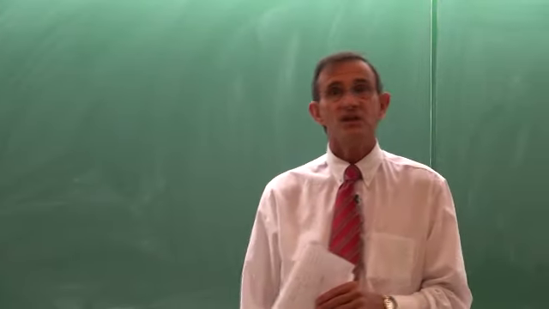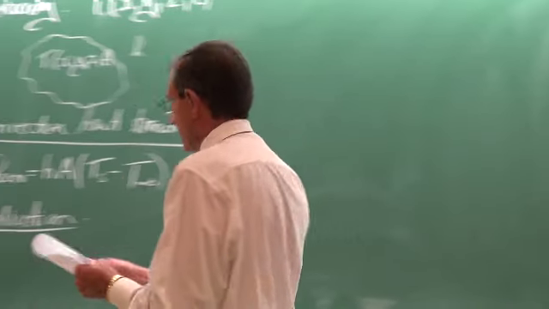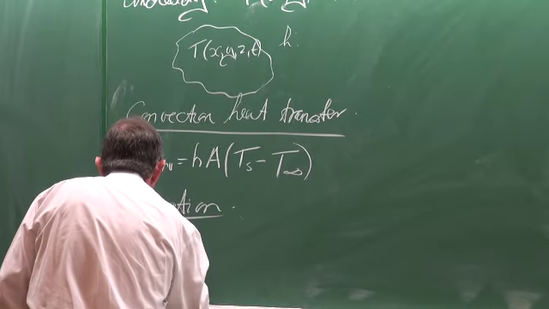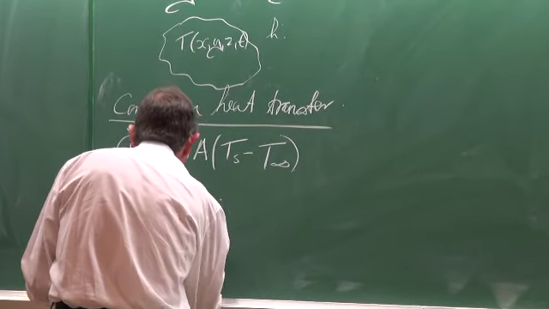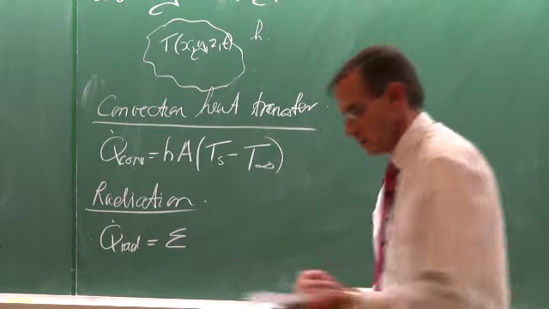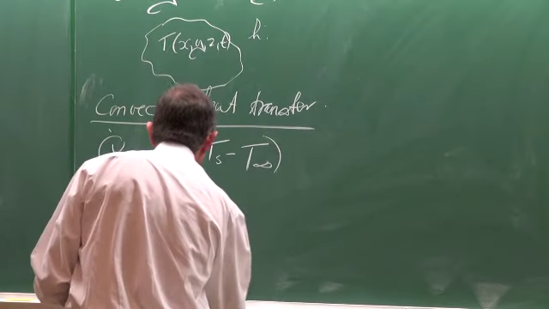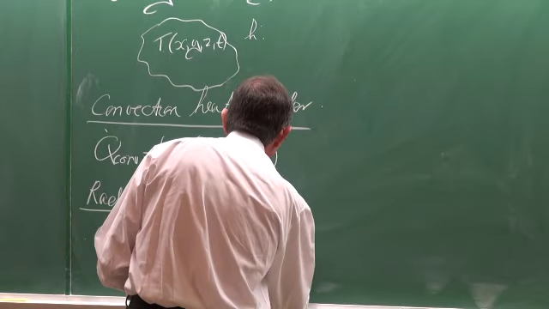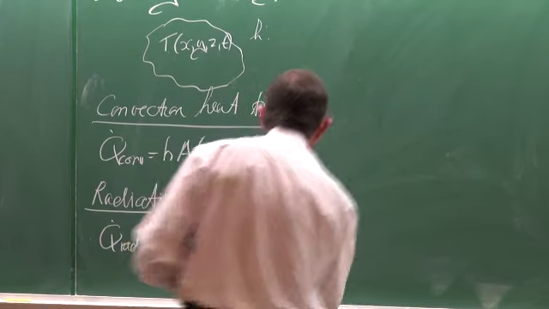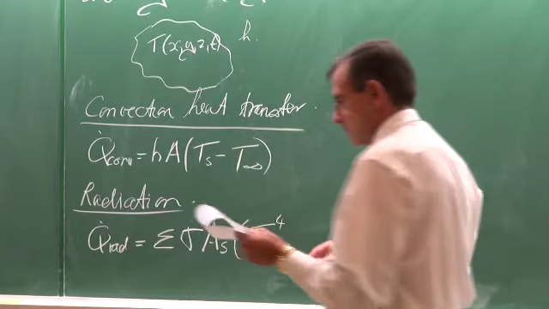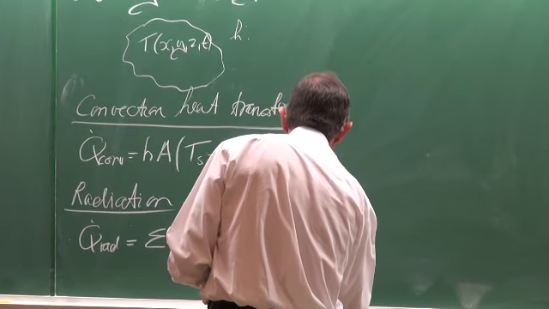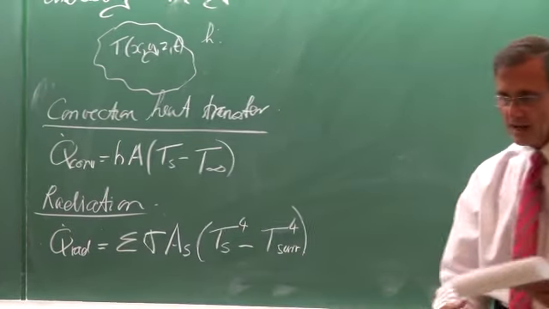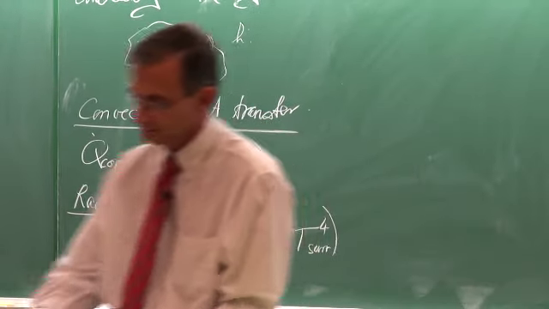Typically in a vacuum, it happens at the speed of light, and the radiation heat transfer equation is written as the emissivity multiplied by the Stefan-Boltzmann constant multiplied by the surface area multiplied by the surface temperature to the 4th power minus that of the surroundings to the 4th power. So that is the radiation heat transfer equation.